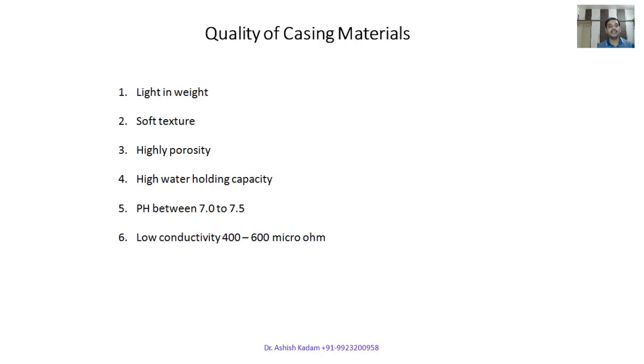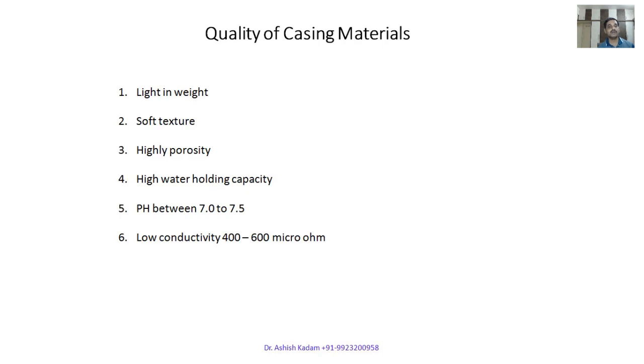Porosity should be high, because the casing material should allow the exchange of air between the room air and the compost. If the casing material is very hard and dense, then it will not allow the flow of air across the casing to the compost.